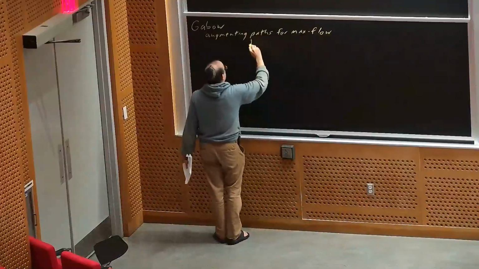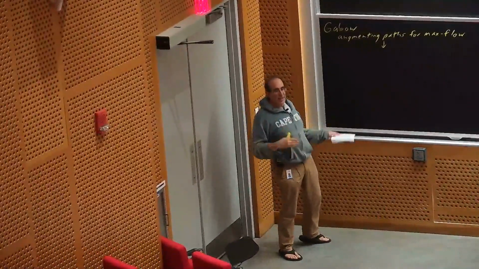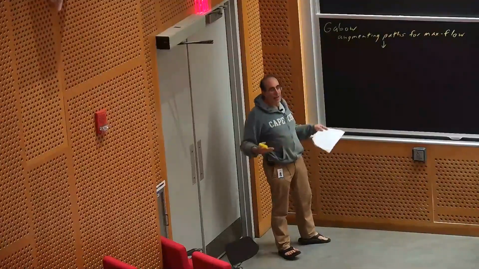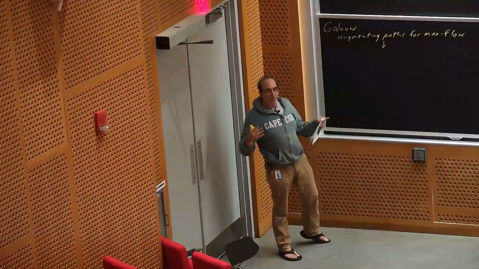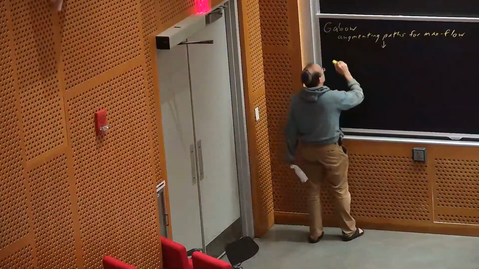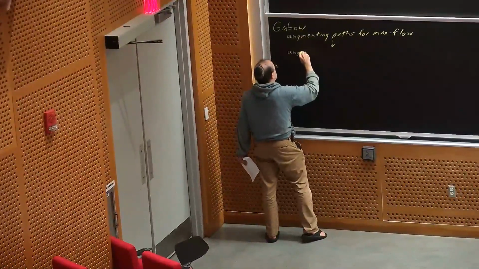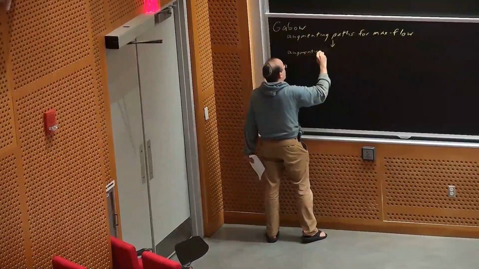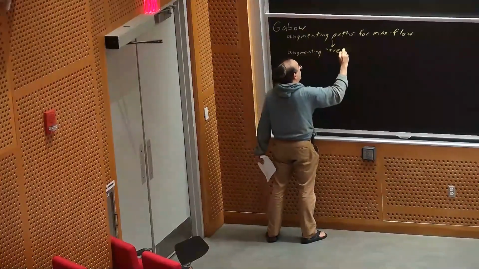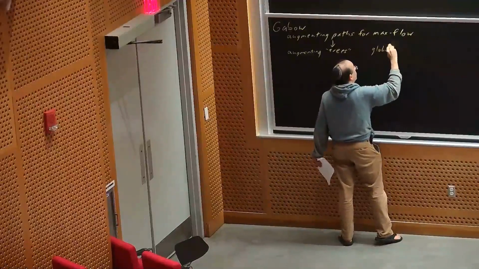We take that notion of a duality between the maximum number of paths that you can pack into a graph and the minimum cut that separates the vertices S and T, and we apply that to the minimum cut problem by thinking about augmenting trees for the global min cut.